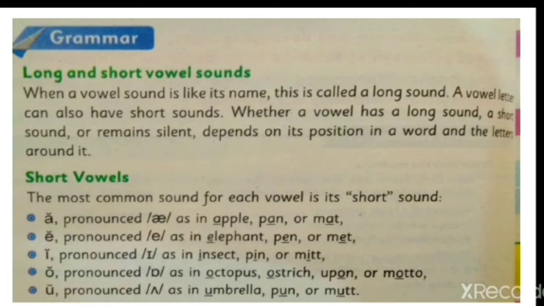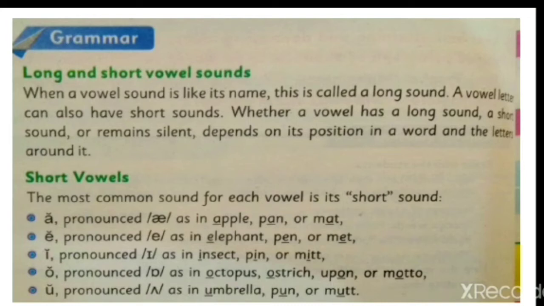Now if we consider the letter I, and observe the sound in the word insect, the sound which I produces goes like this. Let's also pronounce other words: pin, sit, mit.